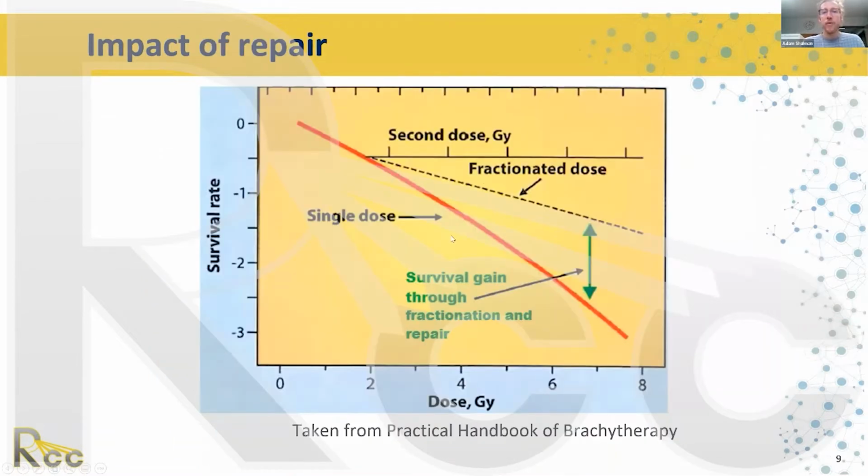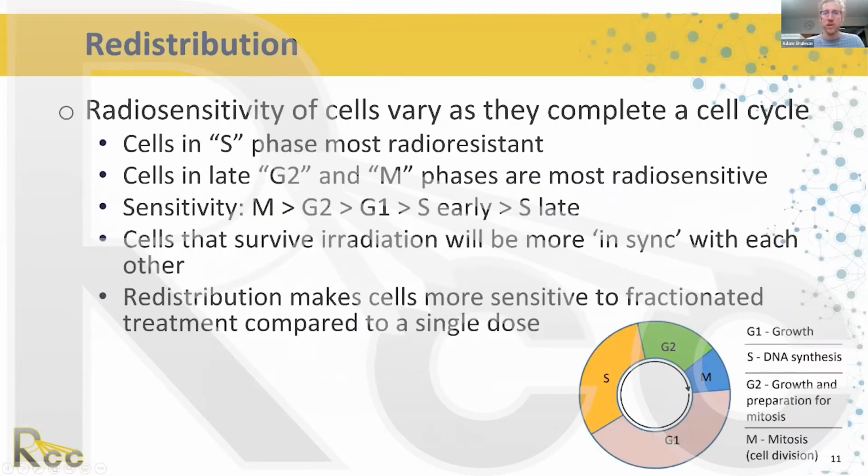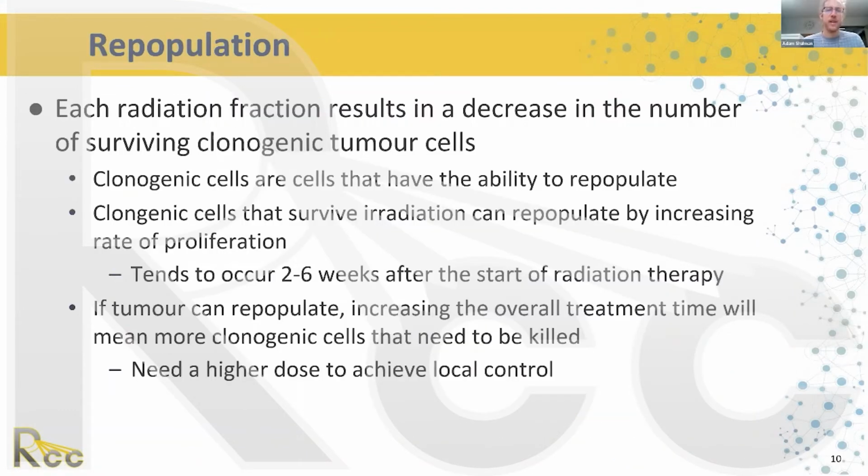So the impact of repair, and I've got some subsequent slides that will explain this a little bit better, but this shows a single dose, this red line, and this is a survival curve. So survival rate and dose on the x-axis. But if you fractionate it, the survival rate increases. So I'll show you some better pictures shortly in a little more detail.